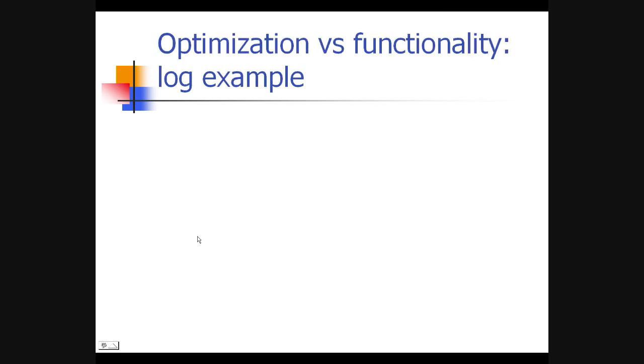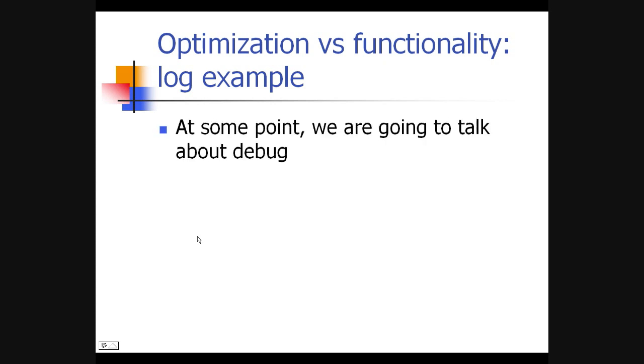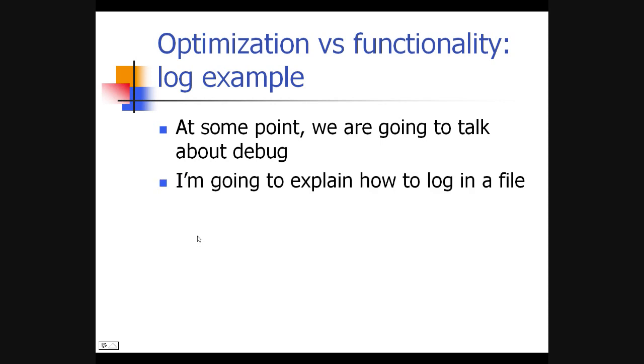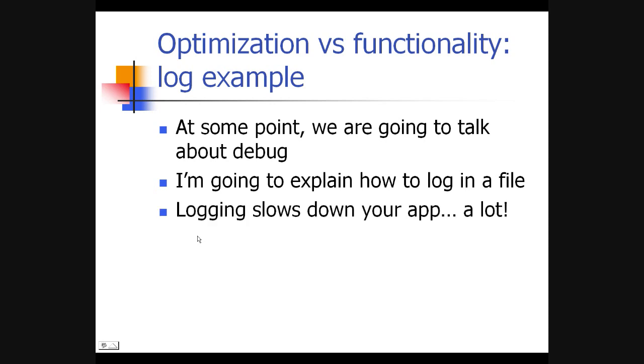And then sometimes you have to make a choice: optimization or functionality. We have the example of the log. At some point we are going to talk about debugging, and in order to debug in some cases, I'm going to explain how to log in a file, writing information in the file as the program runs. Obviously that is taking time.